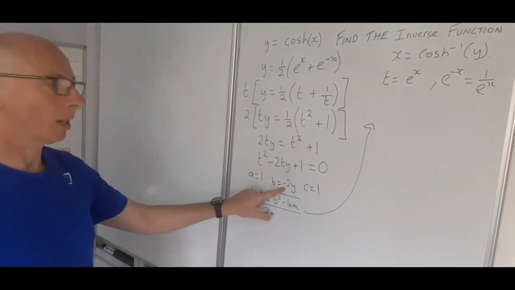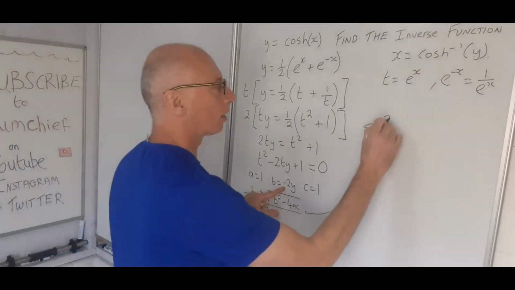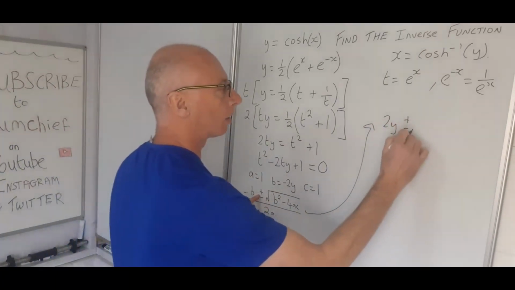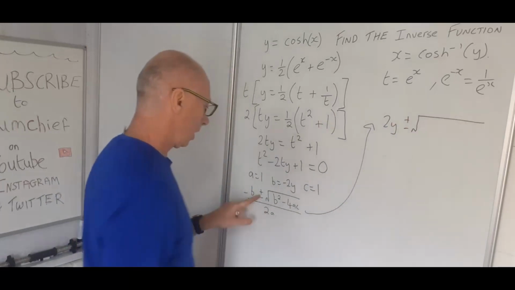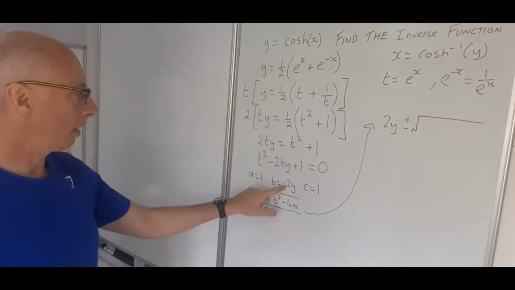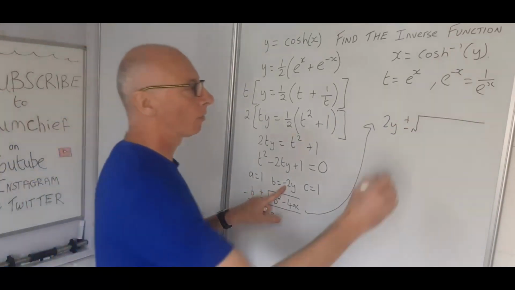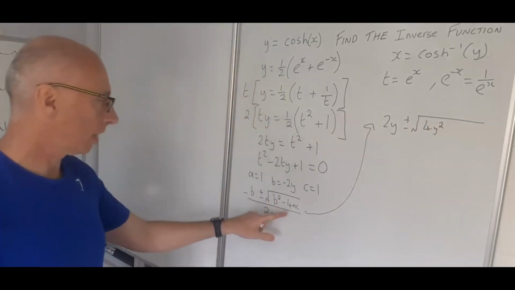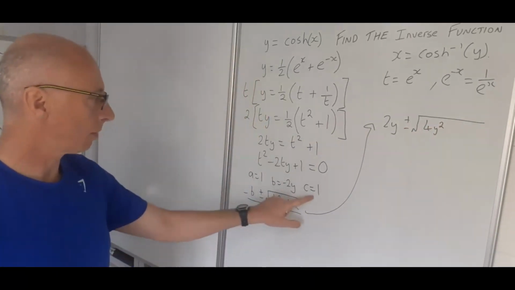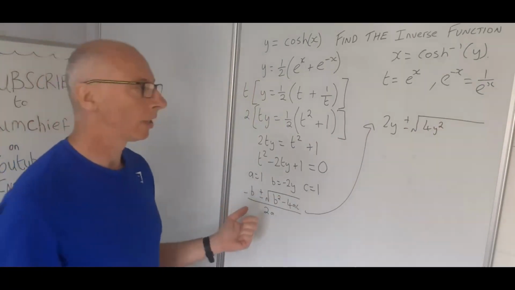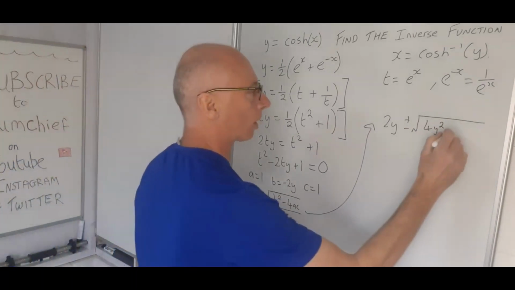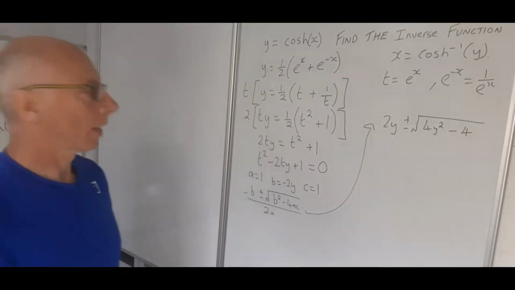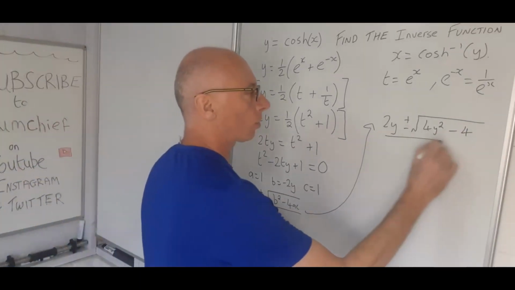Our minus b will give us 2y, plus or minus, and then we've got b squared, so minus 2y squared will give us 4y squared, and 4ac is 4 times 1 times 1, which is just 4. So that's minus 4. And then 2a is just 2.